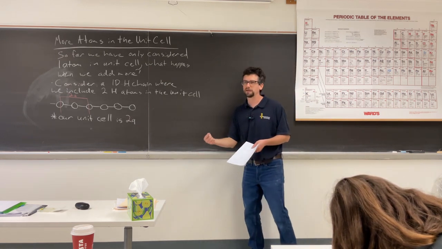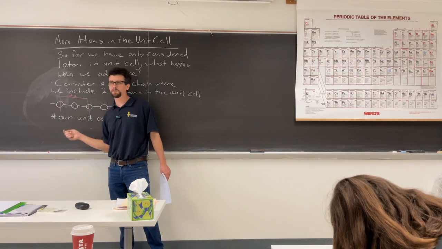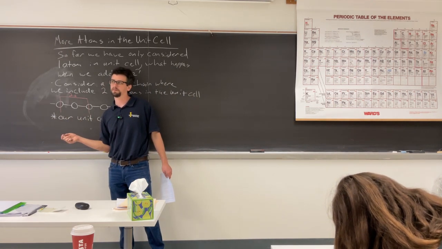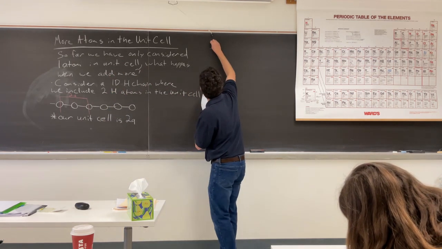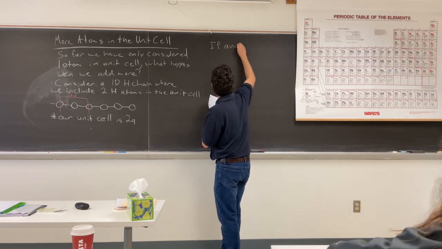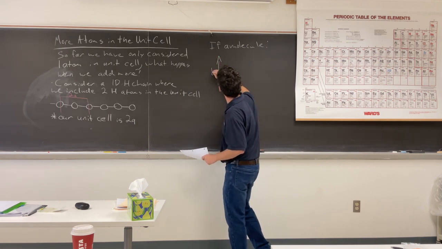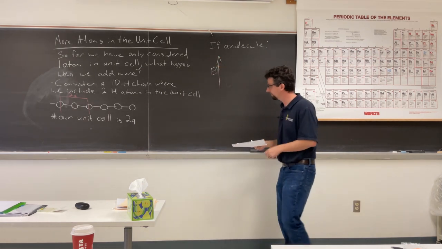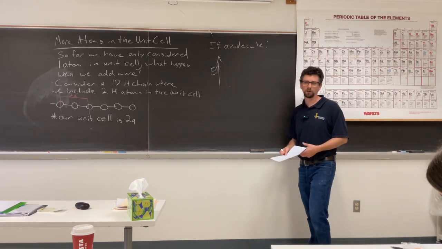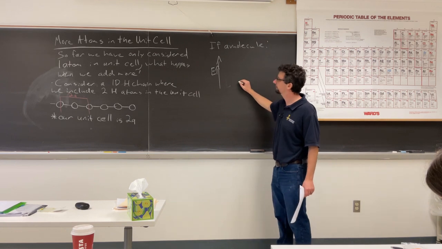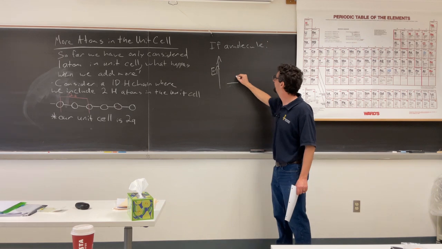So if we were considering a molecular system, how many hydrogens would be in this unit cell overall? Yeah, 2. If we had a molecule, what would our orbital diagram look like? Yeah, dash, dash.